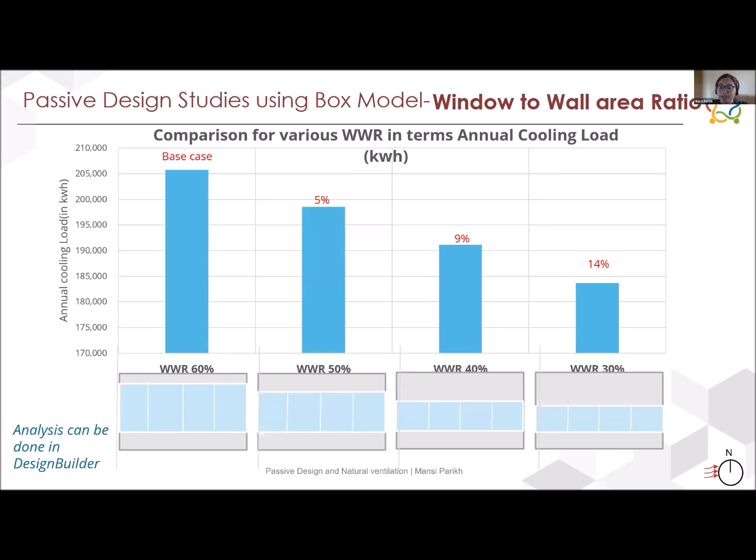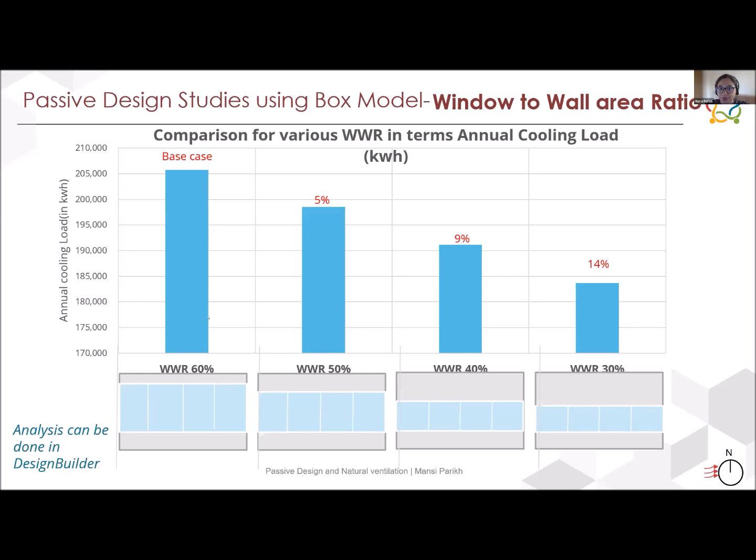Window to wall area ratio for a facade can be calculated by dividing total window area by the total wall area. 4 cases are studied here. Case 1 being 60% WWR, case 2 being 50% WWR, case 3 with 40%, and case 4 with 30% WWR. And you can see the y-axis has annual cooling loads in kWh, and these are the percentage savings for all of these cases.